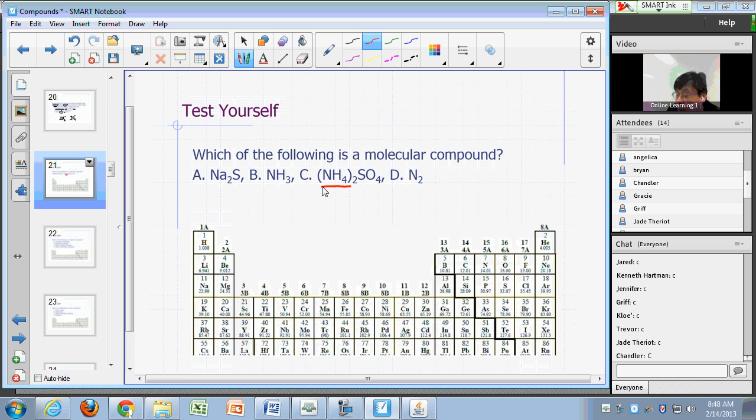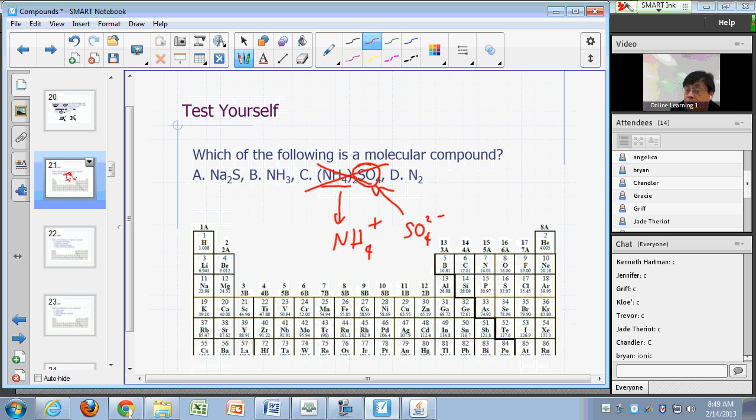What happens when you have NH4 in the name? If you have NH4 in the name, then that means the cation is ammonium. So this is an ionic compound. In fact, you should be able to recognize sulfate is SO4 with a negative 2 charge. So C is ionic. So it's not the correct answer. We're looking for a molecular compound.